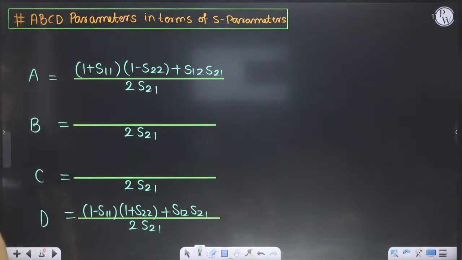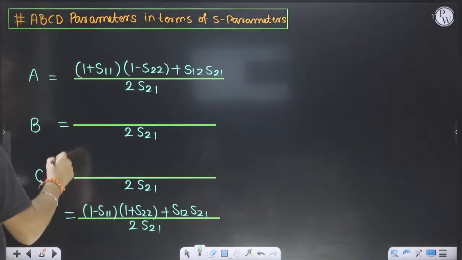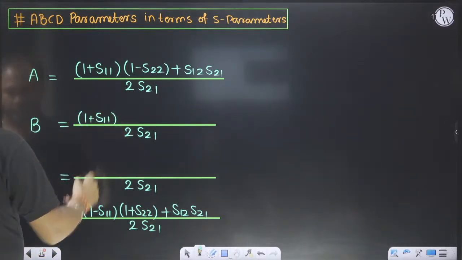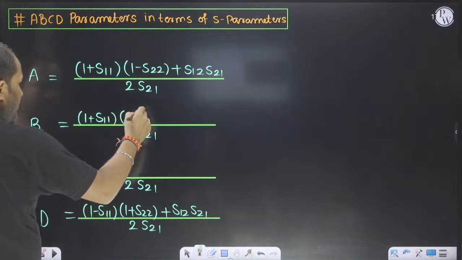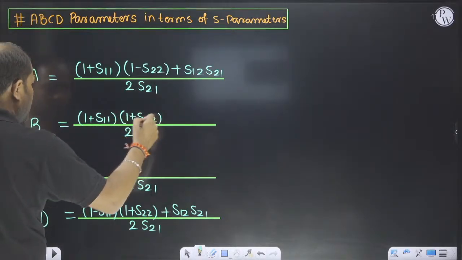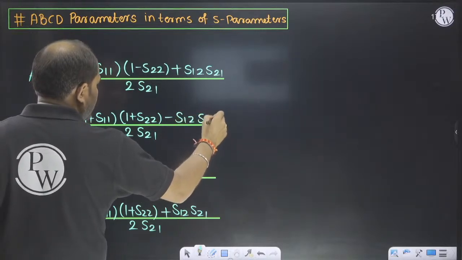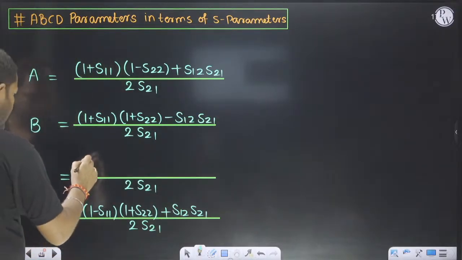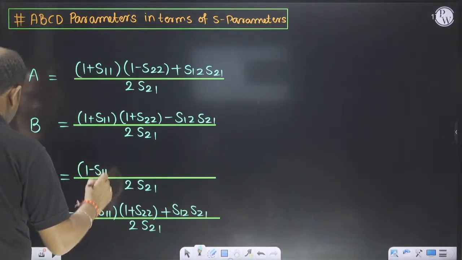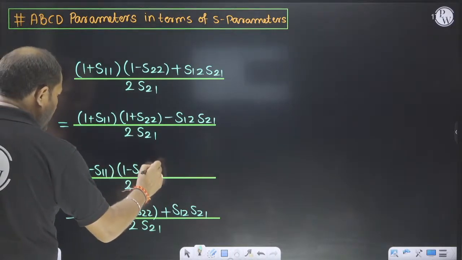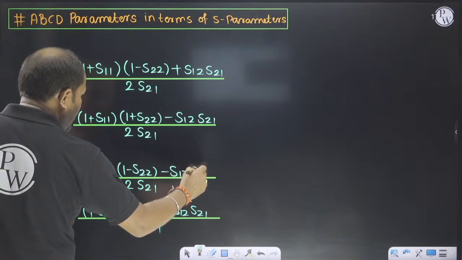Then for B, it will be 1 plus s11. 1 minus 1 plus s22 and s12 s21, and then we have 1 minus s11 and 1 minus s22 and s12 s21.